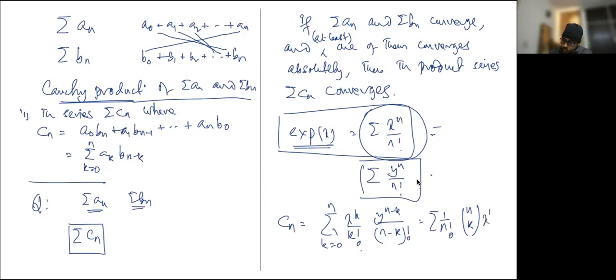And you have x to the power k, y to the power n minus k, and the sum here is from k equal to 0 to n. So this is 1 over factorial n times (x plus y) to the power n. And this is exactly the nth term for the series, right?